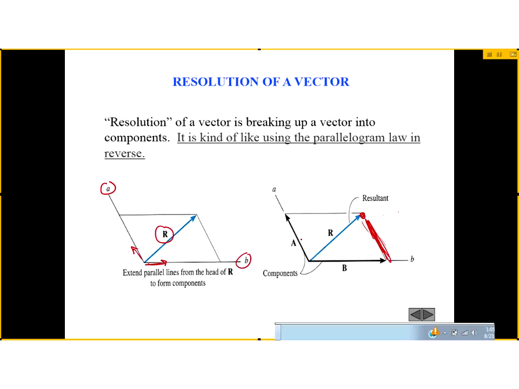So kind of going there to build that parallelogram. And that will give you the size of b that you would need, right? And then you could travel towards the a-axis along the b direction, which is perfectly horizontal, until you hit the a-axis, and then that intersection point is going to give you how much a you need, right? And you just basically form that parallelogram starting with the diagonal instead of vice versa, right? And those components A and B then are said to be the resolution of R along those little a and little b axes.